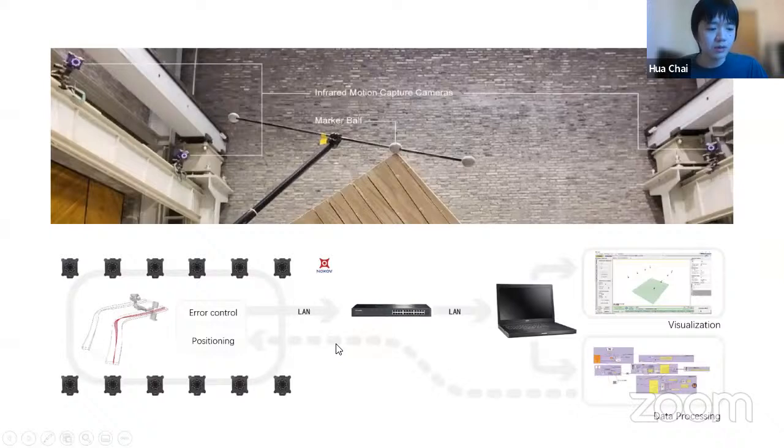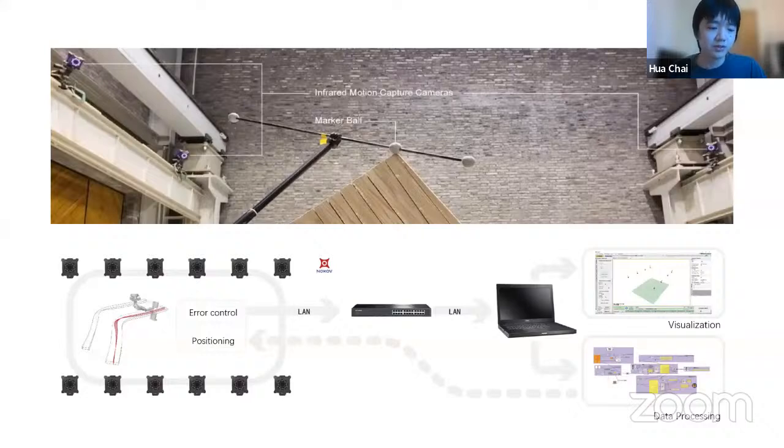Also, an infrared camera system is equipped to give the system the ability to see the environment, and also the robots and the materials.